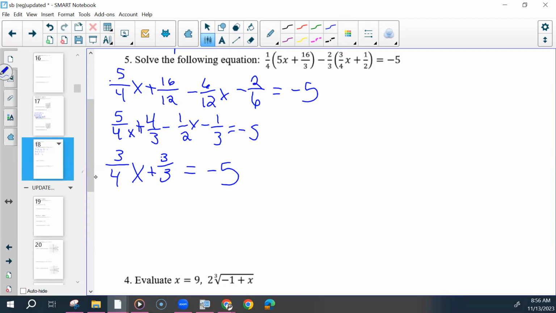The 3/3 becomes 1, and we are going to subtract 1 from both sides. So you just write -1 on both sides. So 3/4 x equals -6. And then to get rid of the 3/4, flip it and multiply on both sides by 4/3.